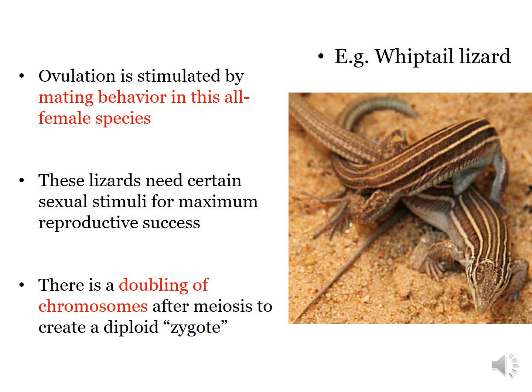Ovulation still takes place, and it is stimulated by the mating behavior among this all-female species population. Eggs produced are not fertilized by males, but still develop as there is a doubling of chromosomes after meiosis. The unfertilized eggs will continue to develop, and after they are fully matured, eggs will hatch and new individuals are produced.